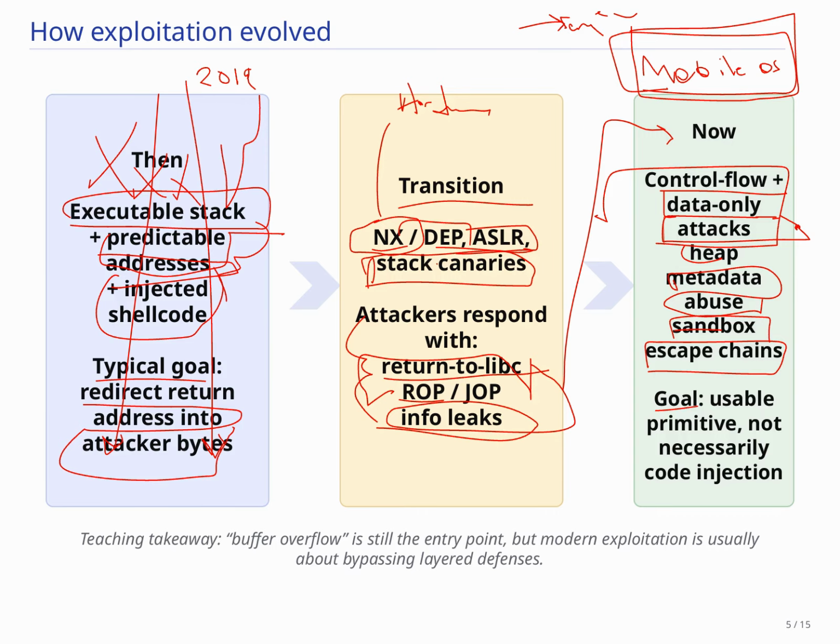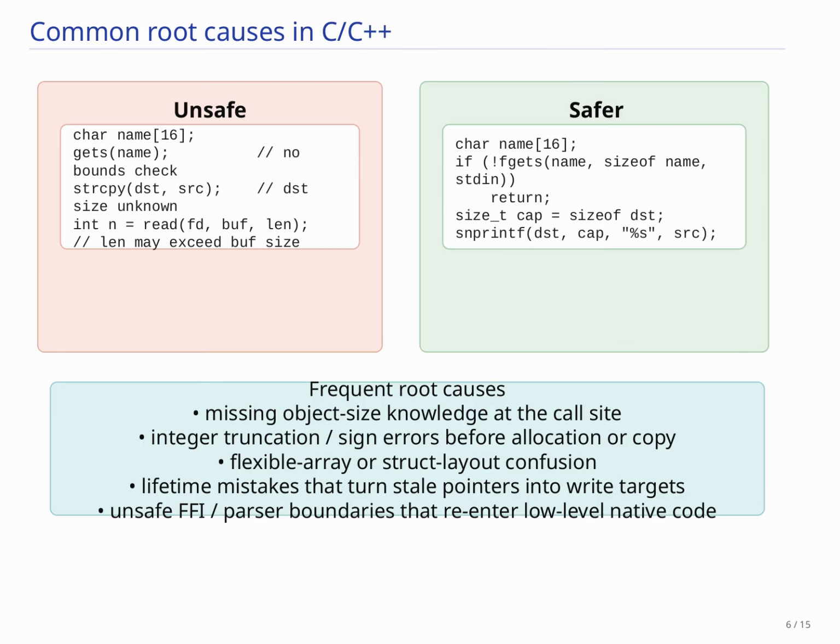So the goal is a usable primitive, not necessarily code injection. Whatever works, we want to use. We don't want to go all the way to buffer overflow. So as shown, the unsafe code is with the bounds check.